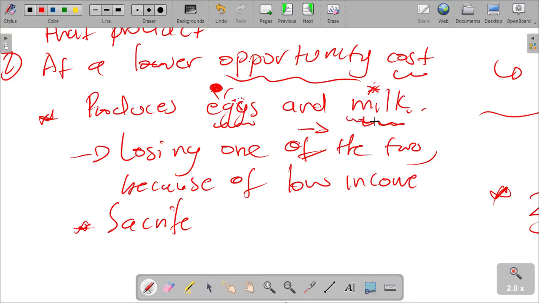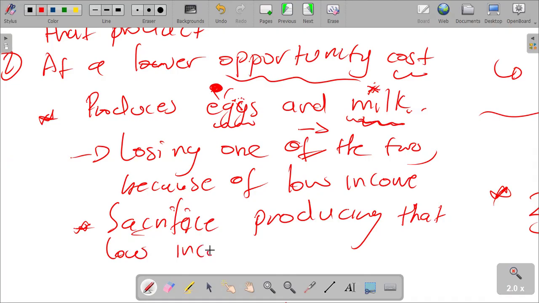So the milk will be their opportunity cost. They sacrifice producing that low income product. So do you understand?